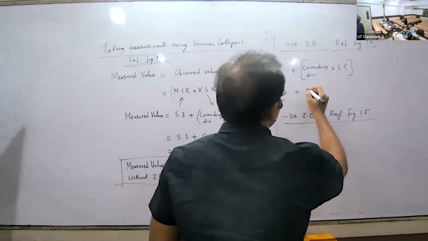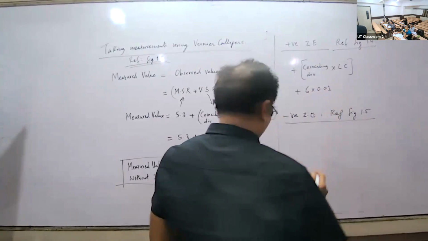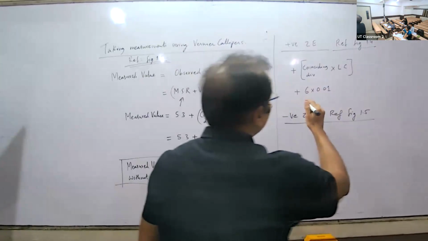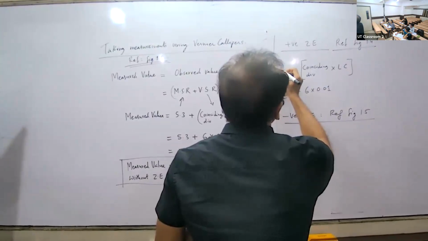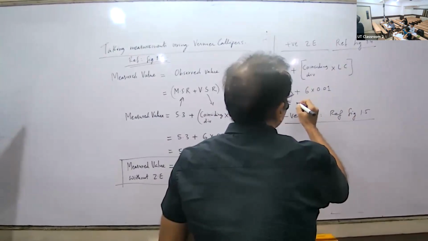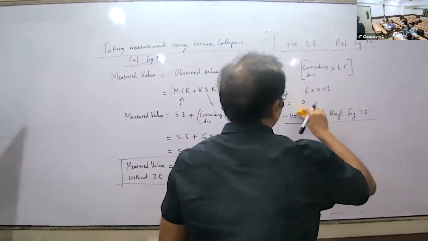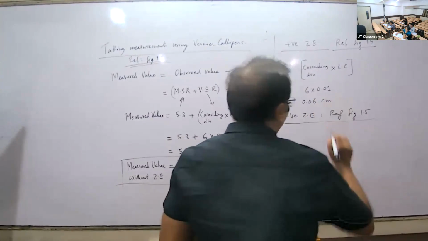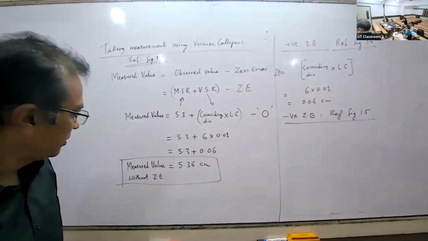So it will be plus 6 into 0.01. It is a positive zero error. So zero error is equal to the coinciding division into least count. So this will be 0.06. When it is plus, you don't write any sign; you only write a sign for negative.